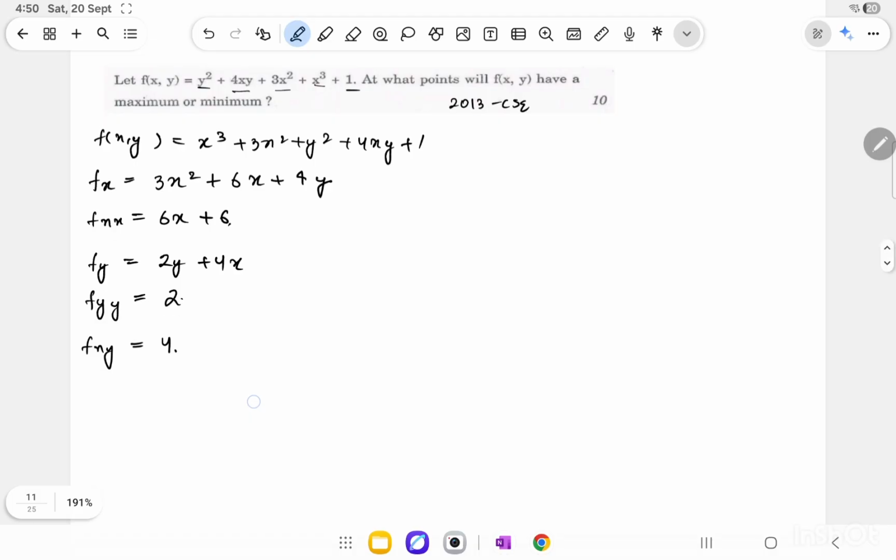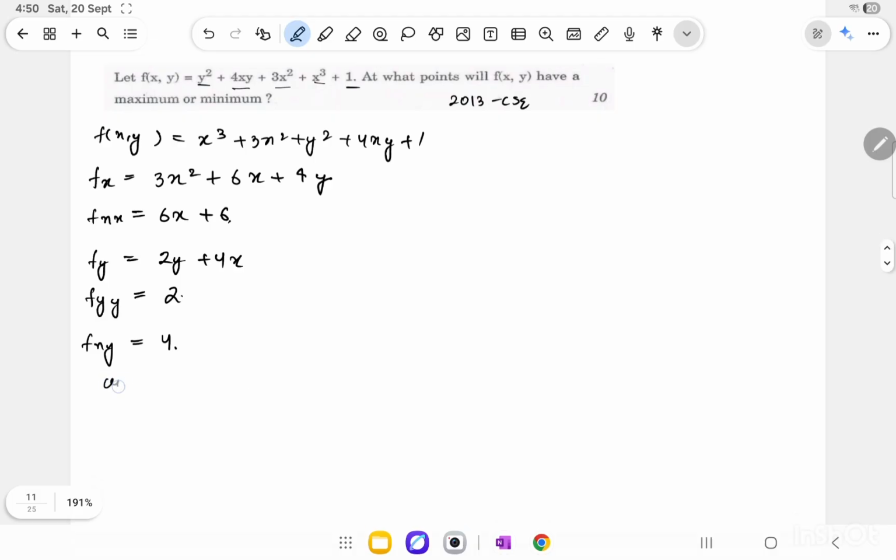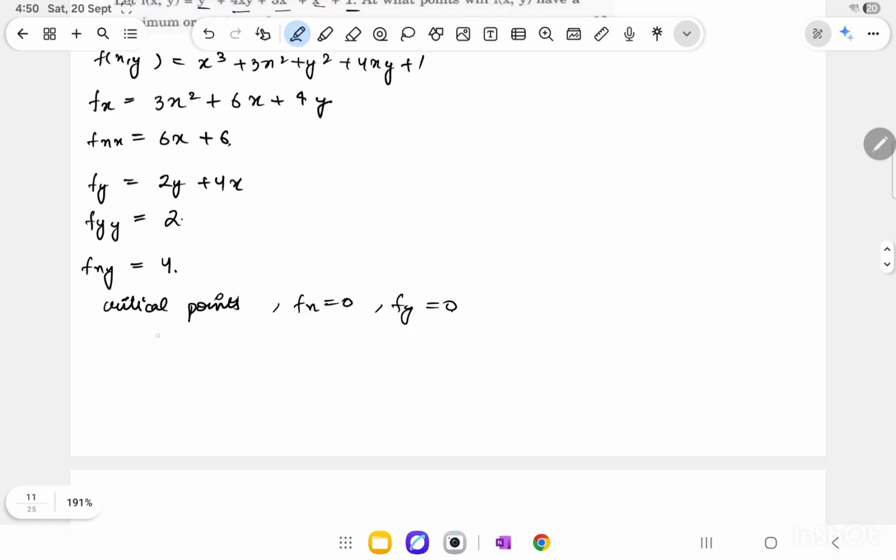Yeah, so let's just find out critical points by equating first order partial derivatives with respect to x and y with 0. So that basically gives us 3x square plus 6x plus 4y equals 0, and 2y plus 4x equals 0.